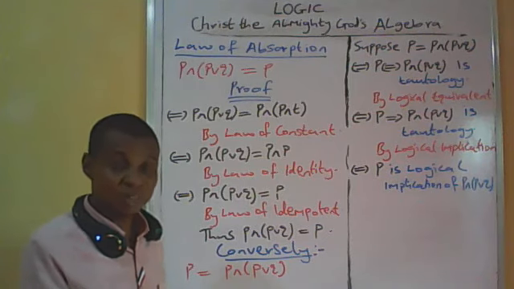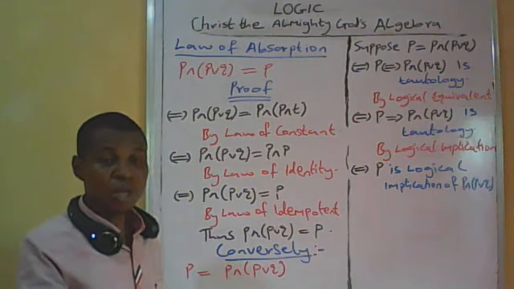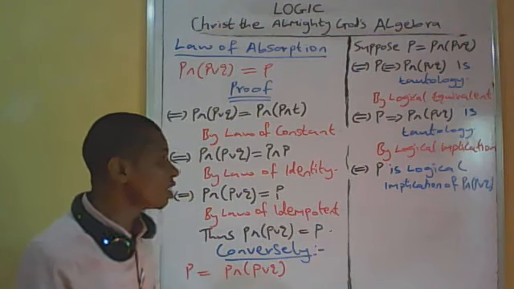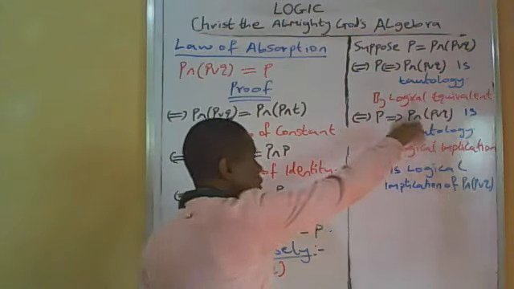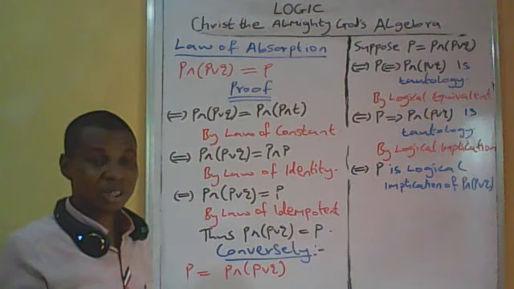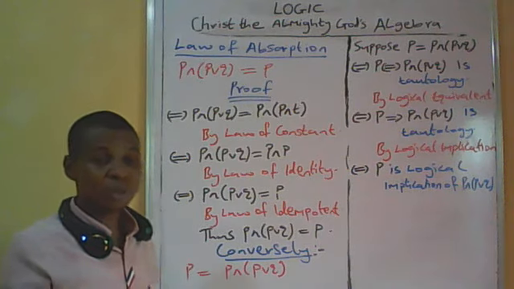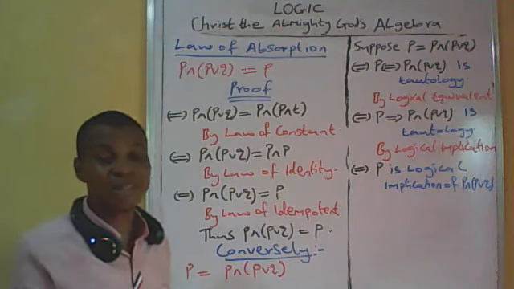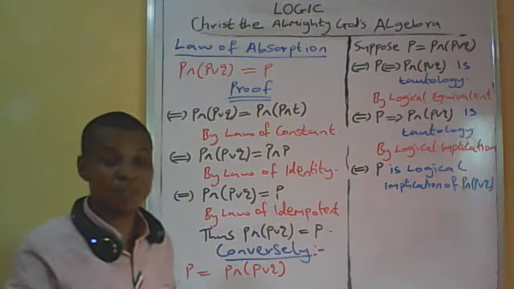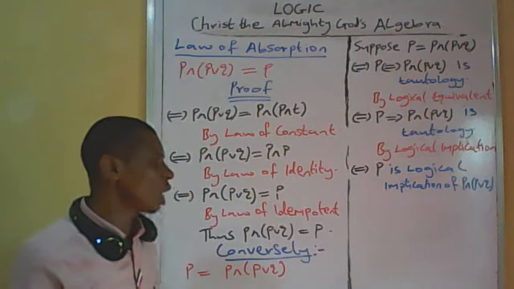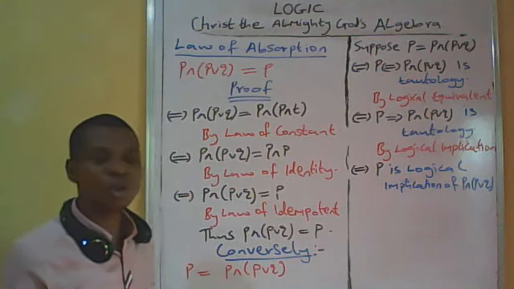We establish that P is a logical implication of P and bracket P or Q, in the sense that, since this is a conditional statement and it's a tautology, whenever the antecedent holds, P exists. If it is certain that P exists, it means that P is a logical implication of the consequent. That's why I say that P is a logical implication of P and bracket P or Q.